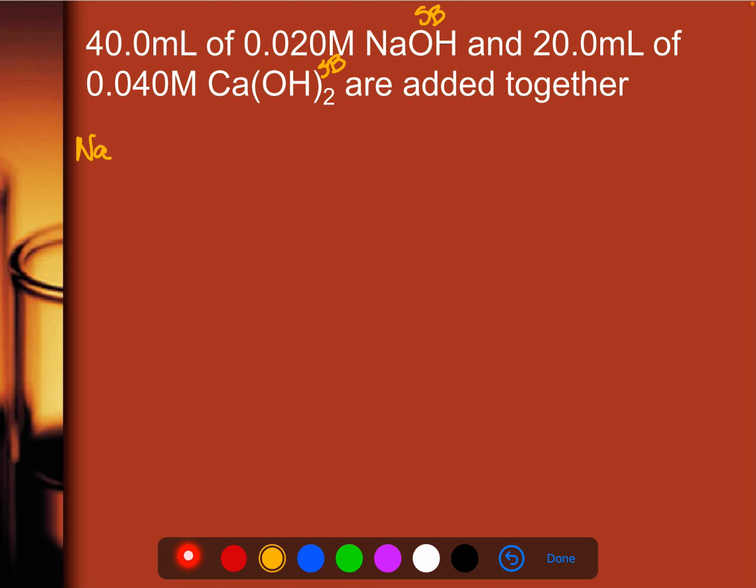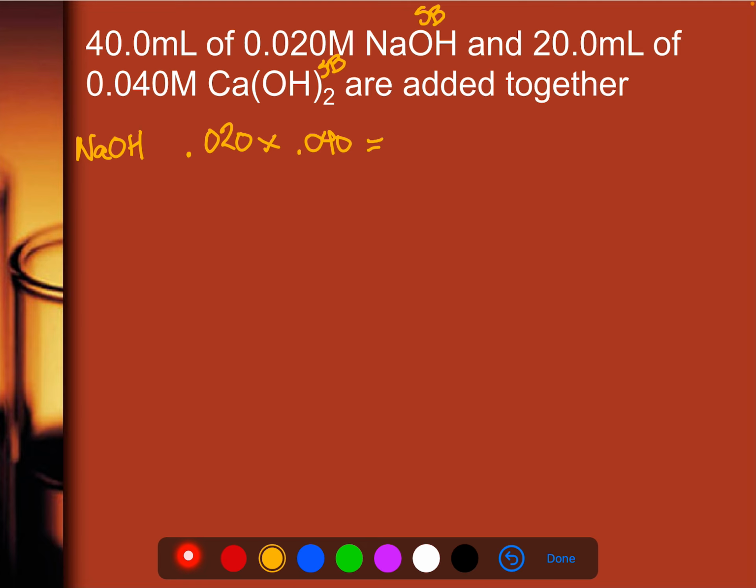For sodium hydroxide, we said to find moles, you do the molarity times the volume. So it's 0.020 molar times 40 milliliters, which is 0.040 liters.